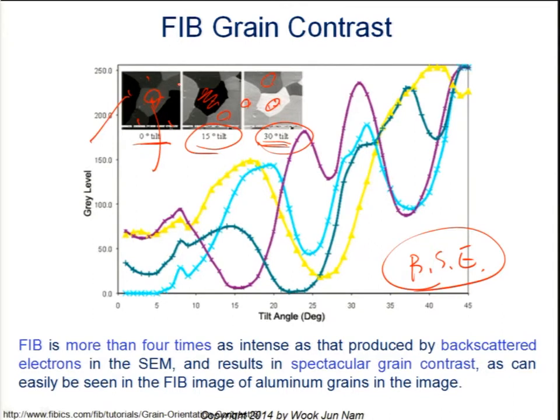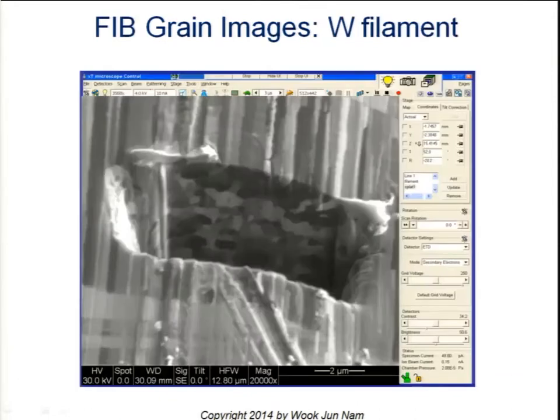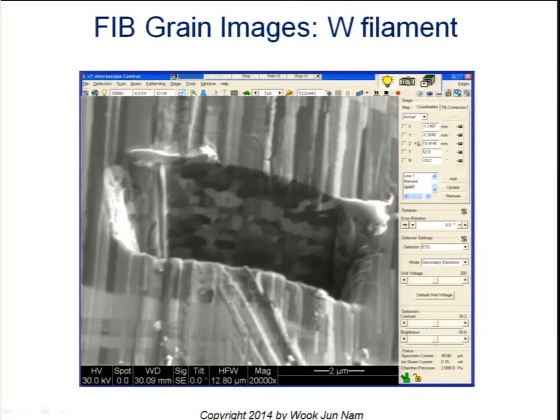And this also gives different compositional information, because the backscattered electron signal gets higher as the atomic number gets bigger.